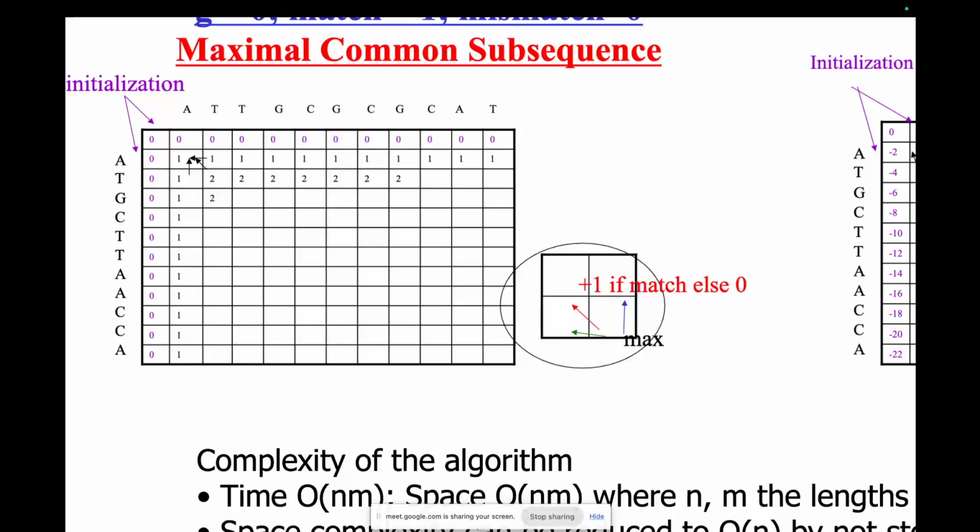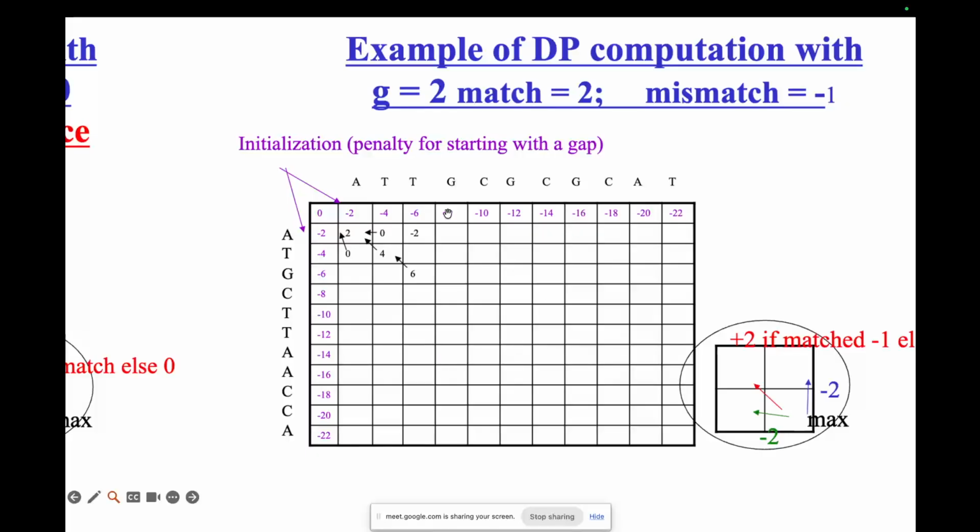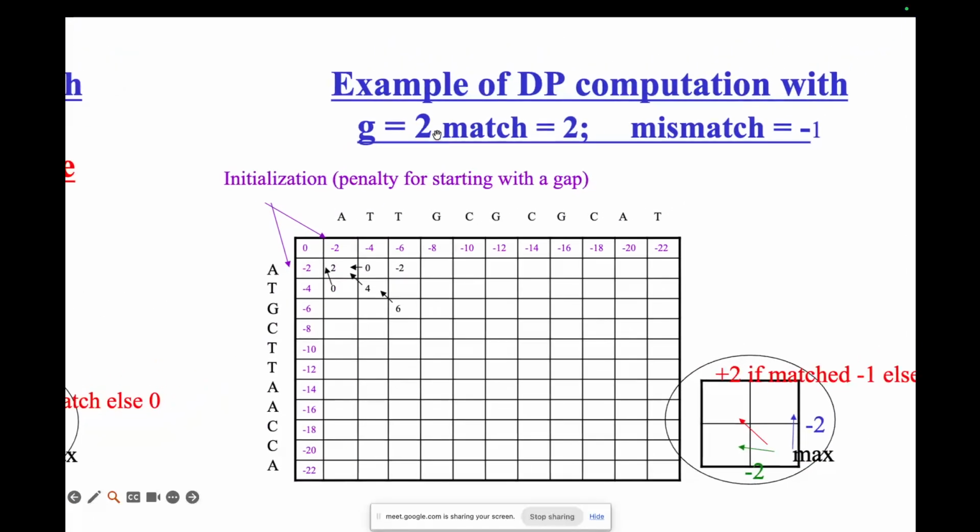The idea would be, in this case, we are initializing with a score of 0, and if it's a match, it's 1. If it's a mismatch, it's 0. But this is just for an example. In another case, you can start with a gap penalty of 2, a match of 2, and a mismatch of 1, and in this case these will not be 0.